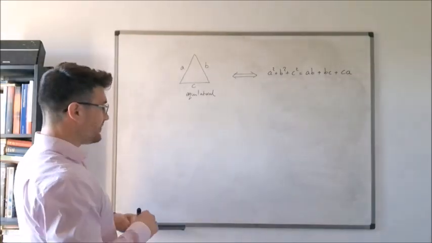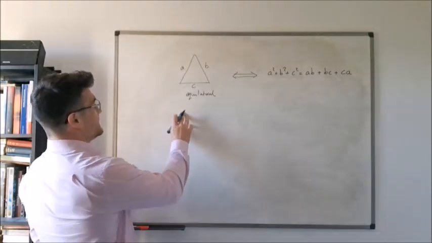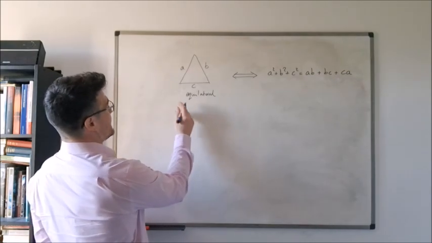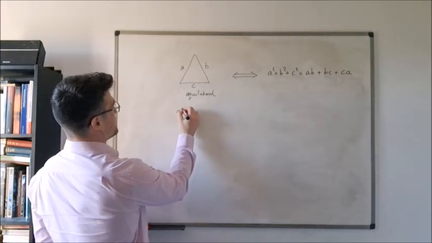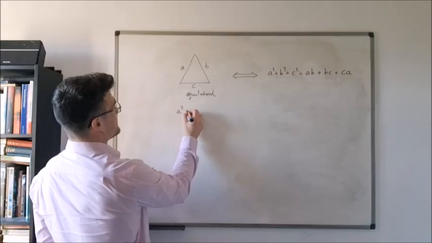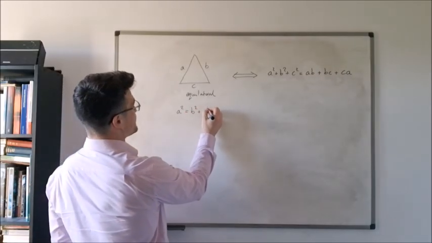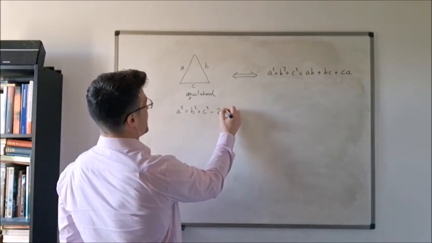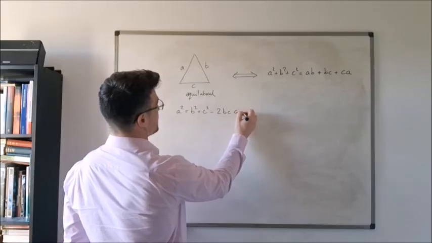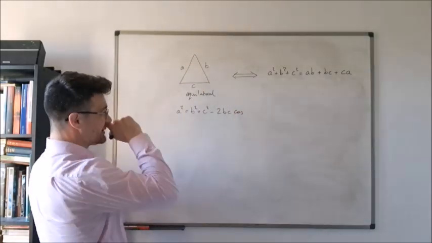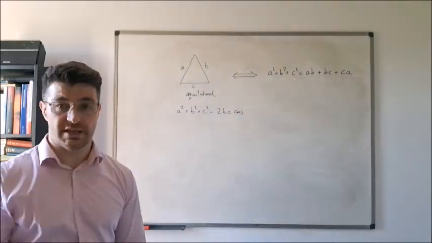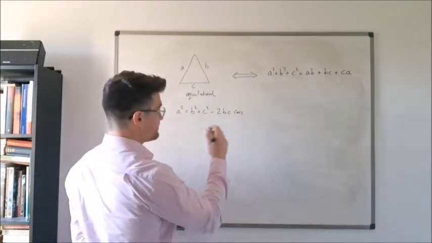So how does this work? Well, we get, for example, that a squared is equal to b squared plus c squared minus 2bc cosine of the angle, and each of these angles is going to be pi by 3, or 60 degrees if you prefer.